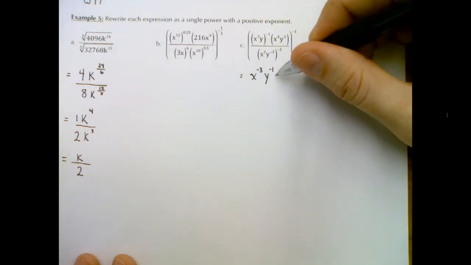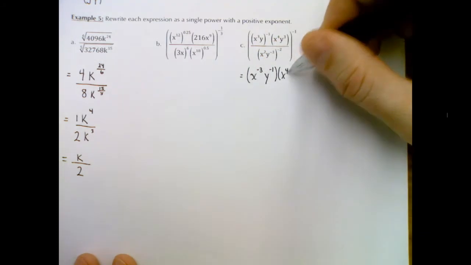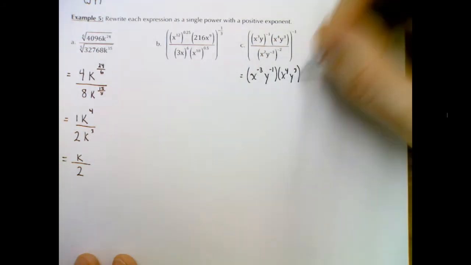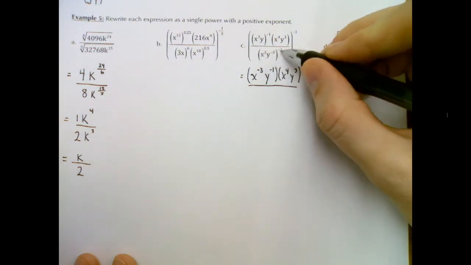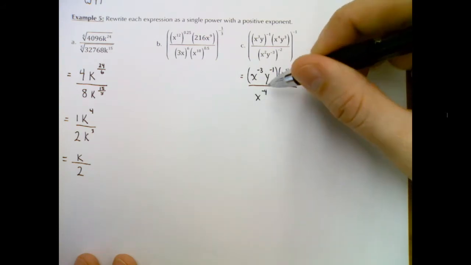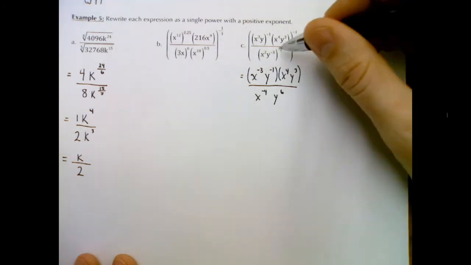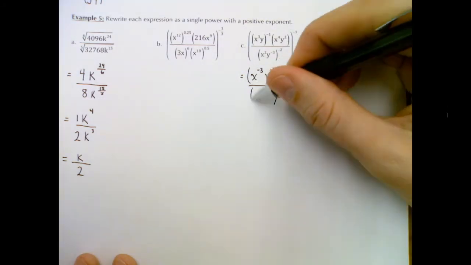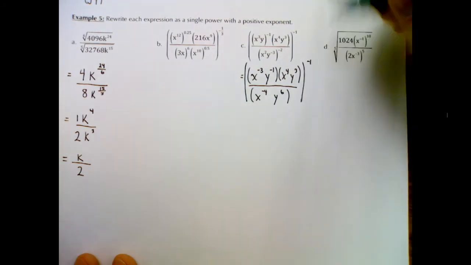And that's going to be multiplied by x to the 4, y cubed over, again, we have an exponent outside a bracket. I'm going to distribute. We get x to the exponent -4, y to the exponent 6, because negative times negative is a positive. And that whole thing is to the exponent -1.